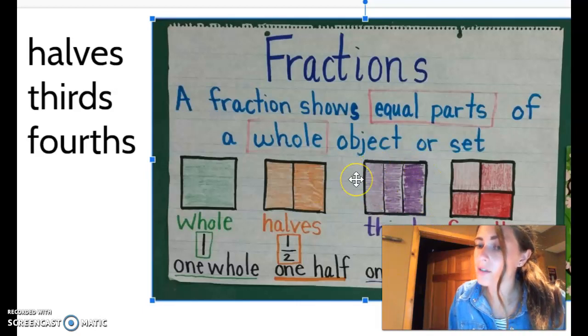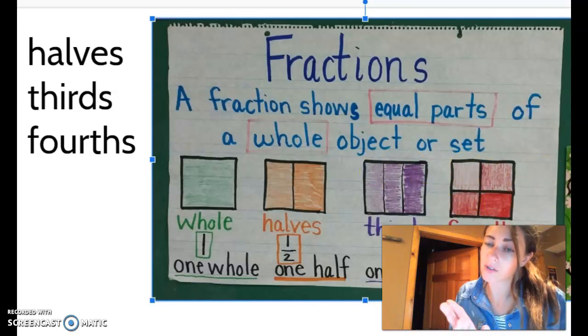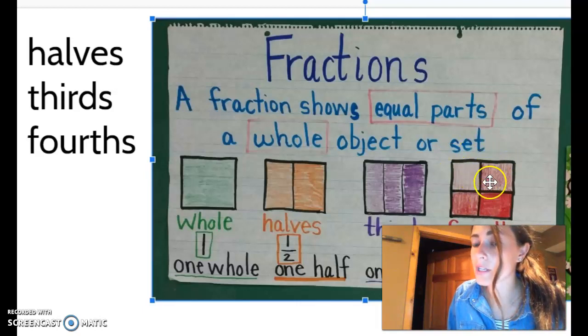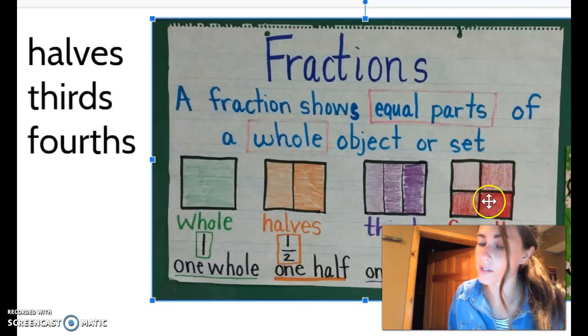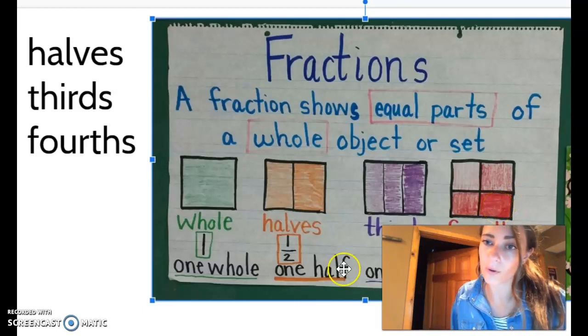Now I split my rectangle into thirds. So this is 1/3, this is 2/3, and this is 3/3. Okay, 3/3 is 1 whole. Okay, so then when you split the rectangle into fourths, you have 4 equal parts. And 4 equal parts equals 1 whole.